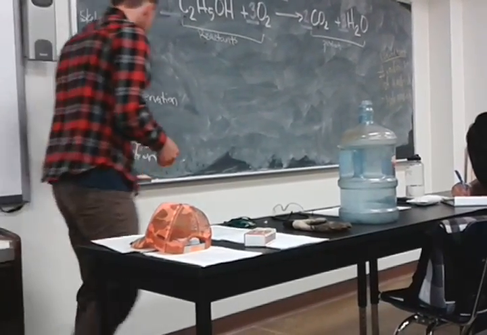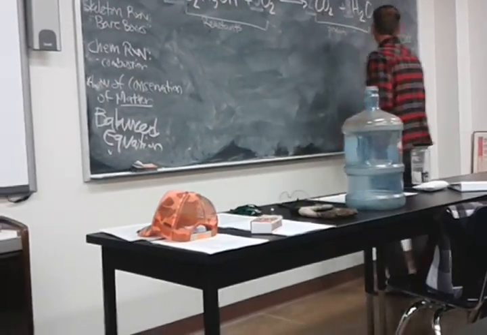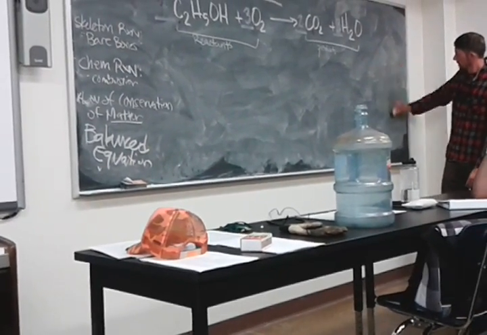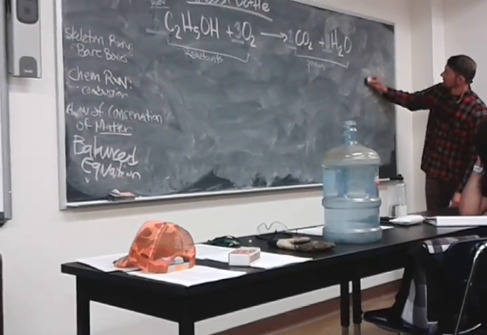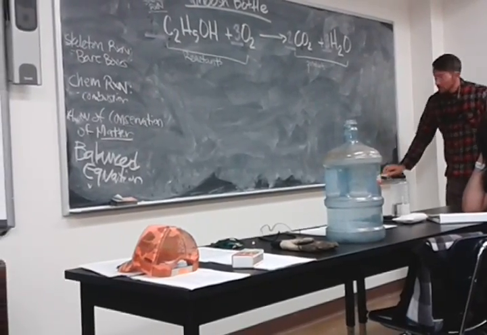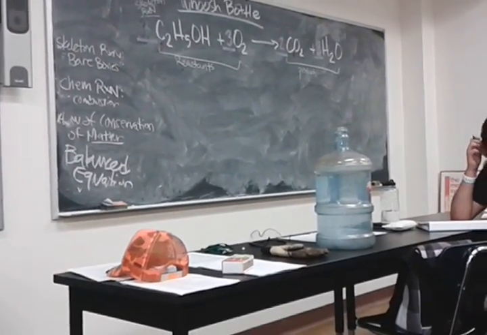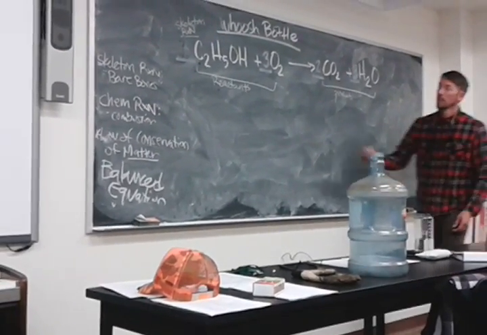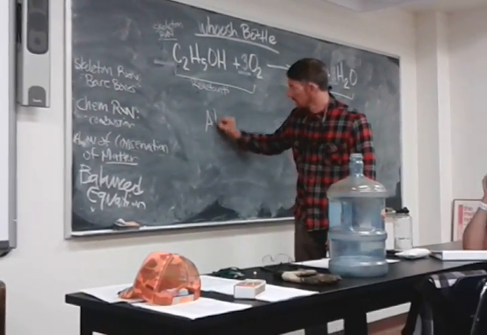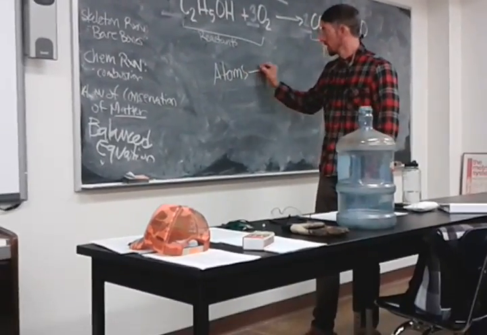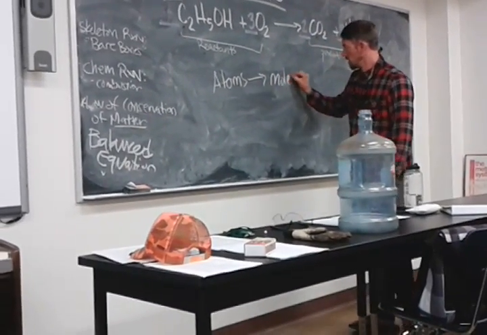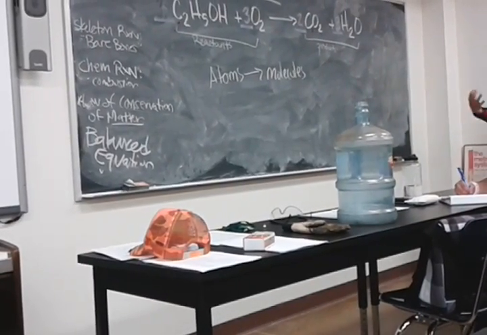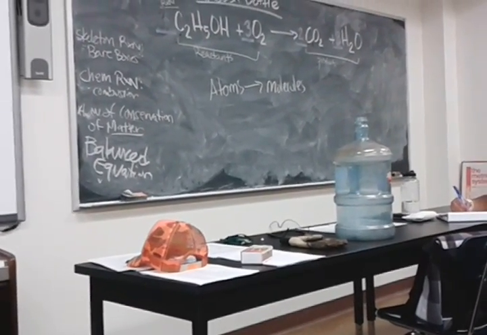And in order to make these balanced equations, we need those molecules, and in particular, we need these atoms. It's these atoms here that basically build to make these molecules. If it wasn't for these atoms coming together, we couldn't make these individual molecules.